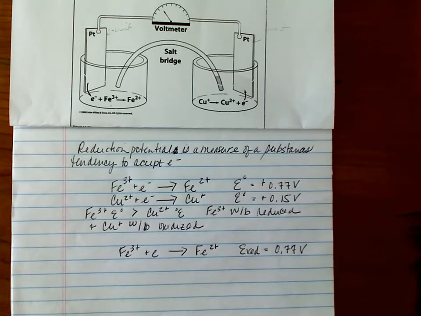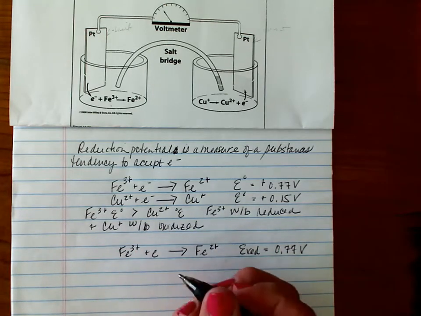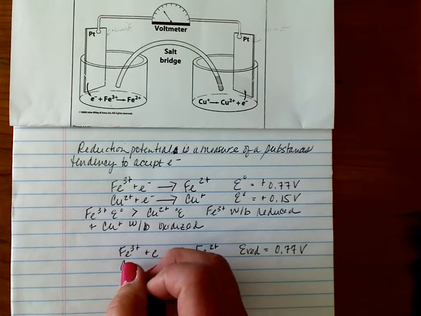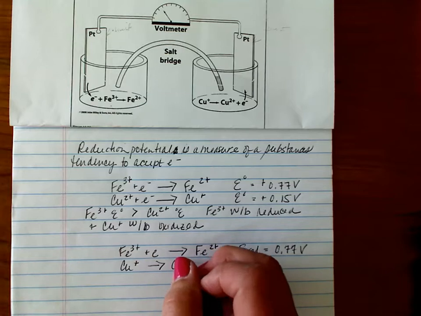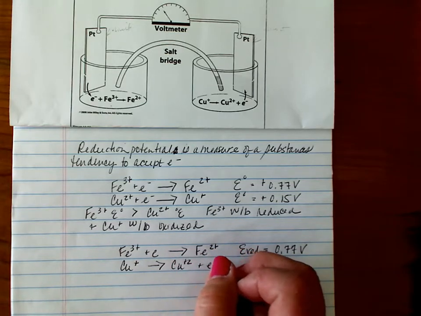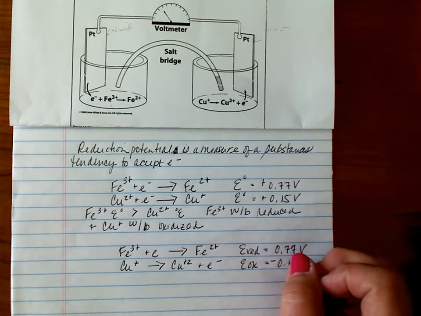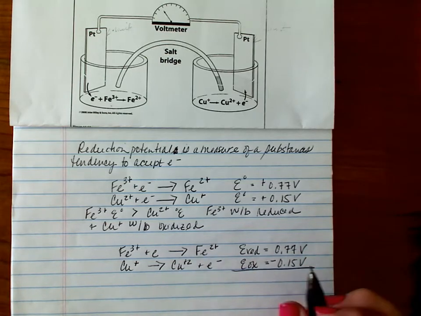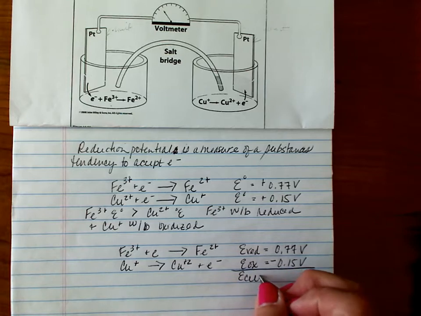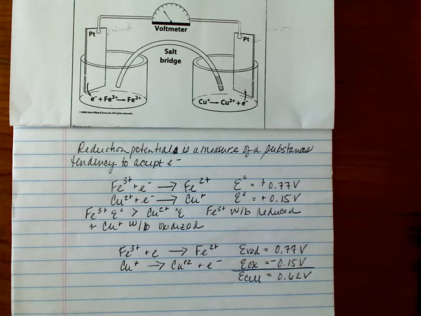And because we are flipping this equation, we're going to be oxidizing copper, we will be changing the sign on that reduction potential so it reflects the E of oxidation. So now this becomes a negative 0.15 volts. So the E of this cell equals 0.62 volts.